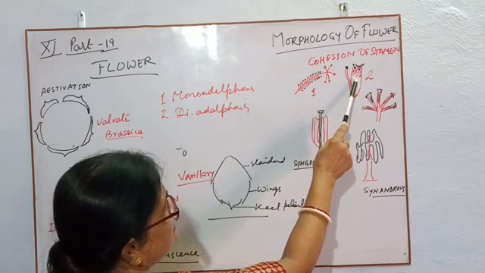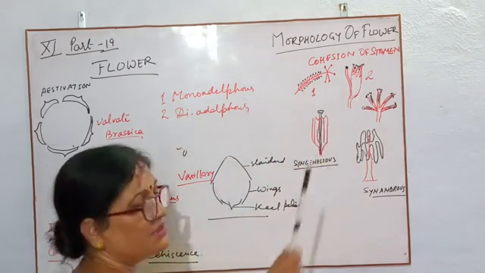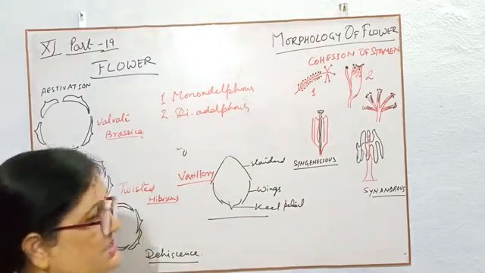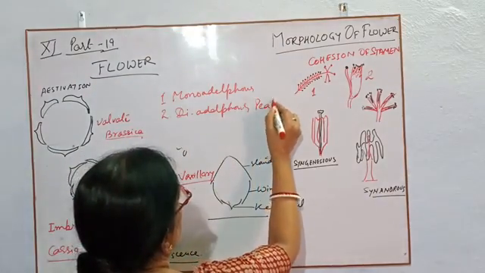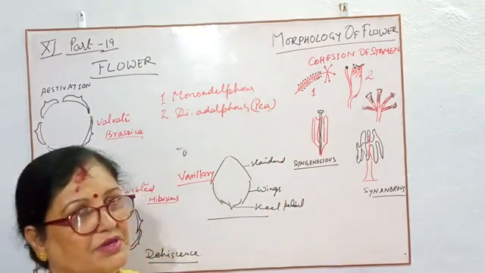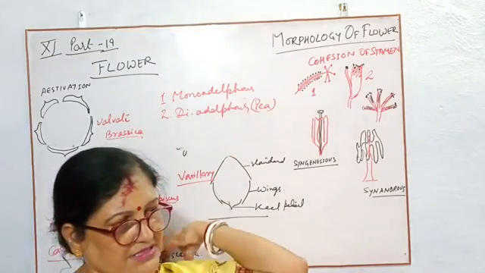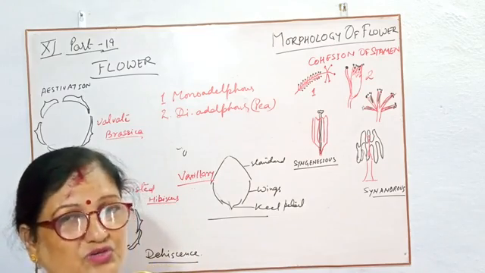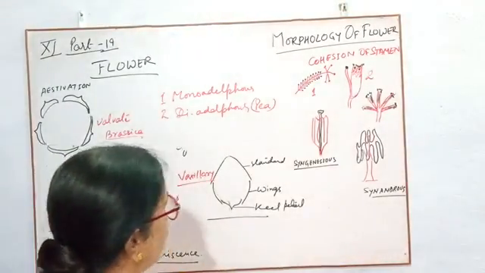There are 9 stamens grouped in one set and one stamen is free. So 9 plus 1. These are found in pea flower. In pea flower, stamens are diadelphous. It means the stamens are present in 2 groups or 2 sets. This is number 2.